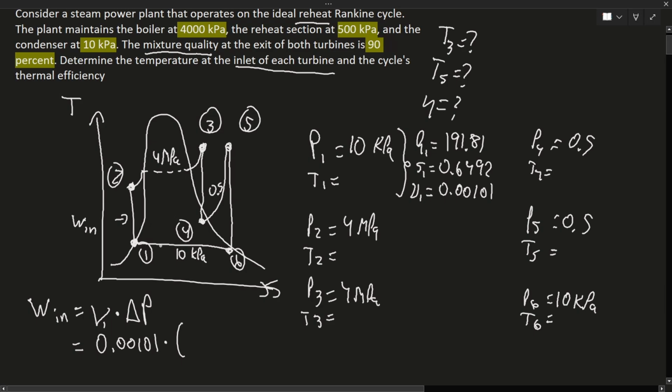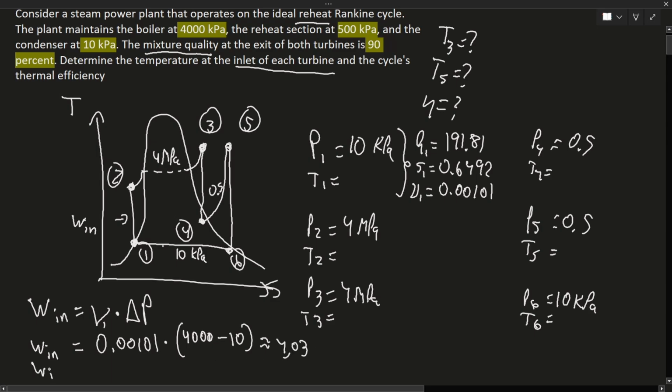And delta P is between 10 kPa and 4 megapascals. Since the work is being calculated in kilojoules per kilogram, you have to use kilopascals. So that's 4,000 kilopascals minus 10 is equal to work in. Okay, calculating this, we get a value of about 4.03.